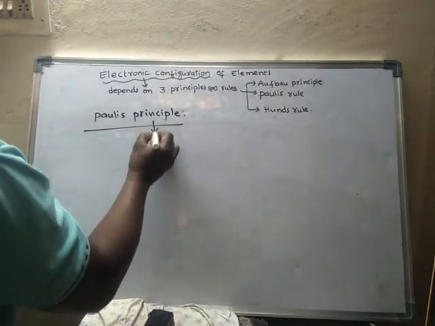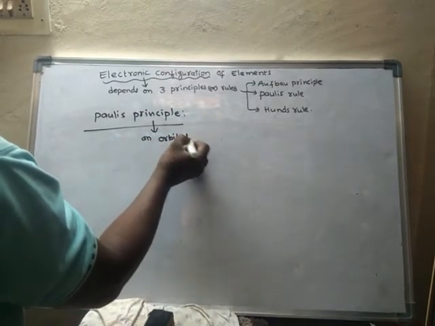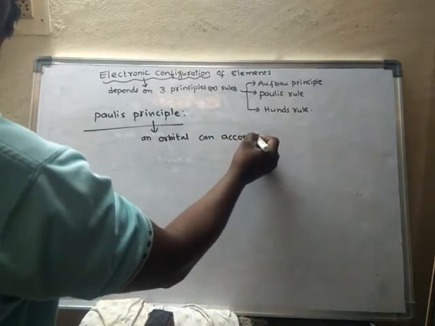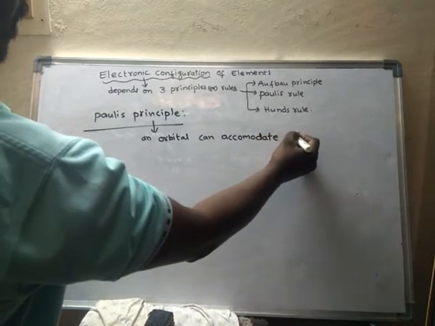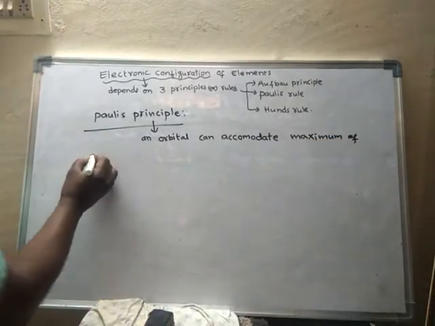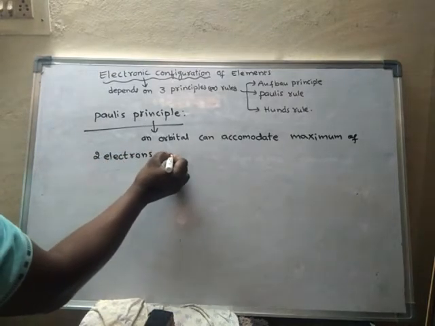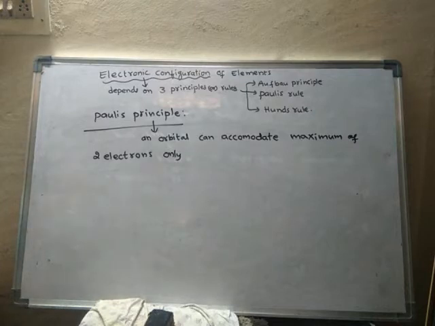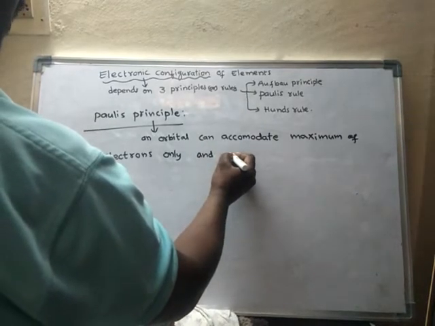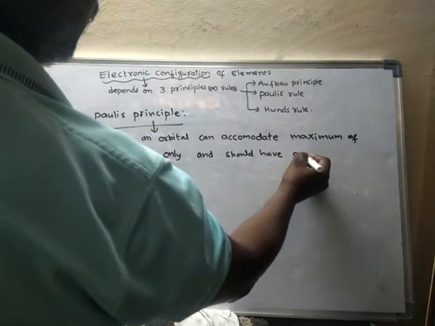Pauli's principle says that an orbital can accommodate a maximum of 2 electrons only, and they should have opposite spin.